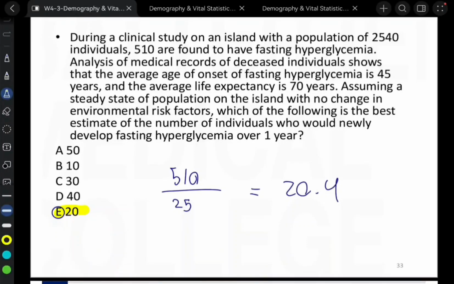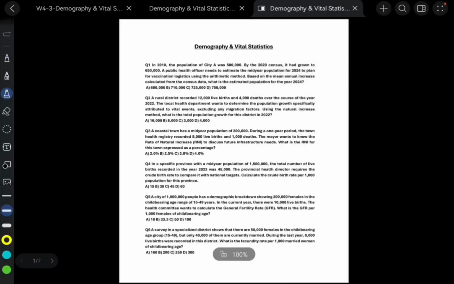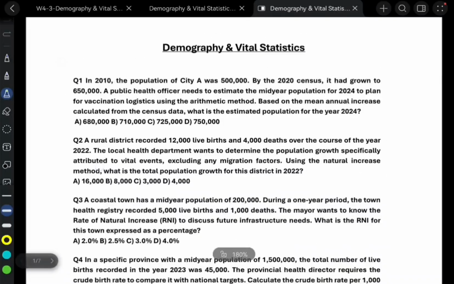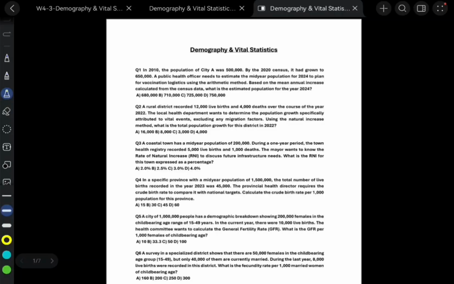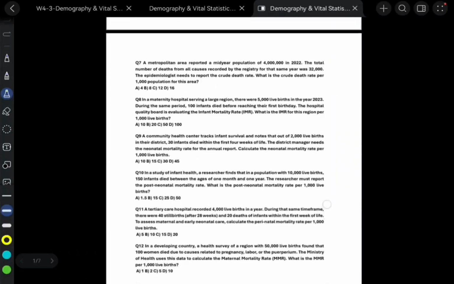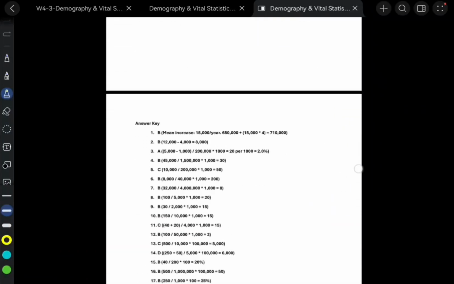I did take his advice and I did use some AI. That's the folder. The folder has this style of questions. It's like short or medium length case scenarios with four choices. And at the very end, there's an answer key down there.